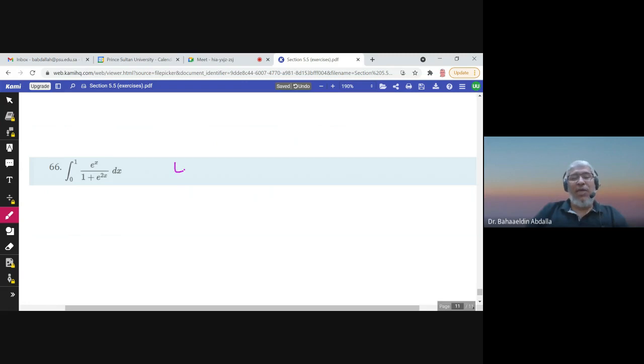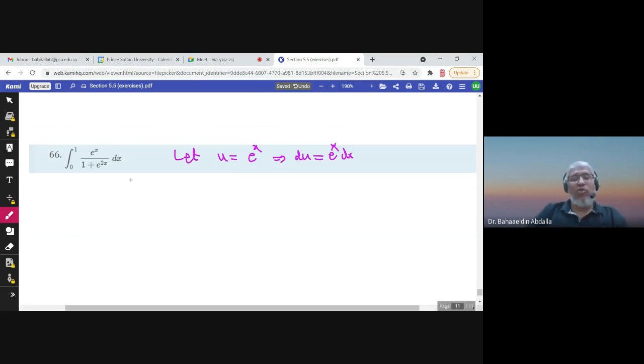I'll take u here to be e to the power x. I have e^x dx. Notice that e to the power 2x is e to the power x all to the power 2, because you multiply 2 times x and you get this one.